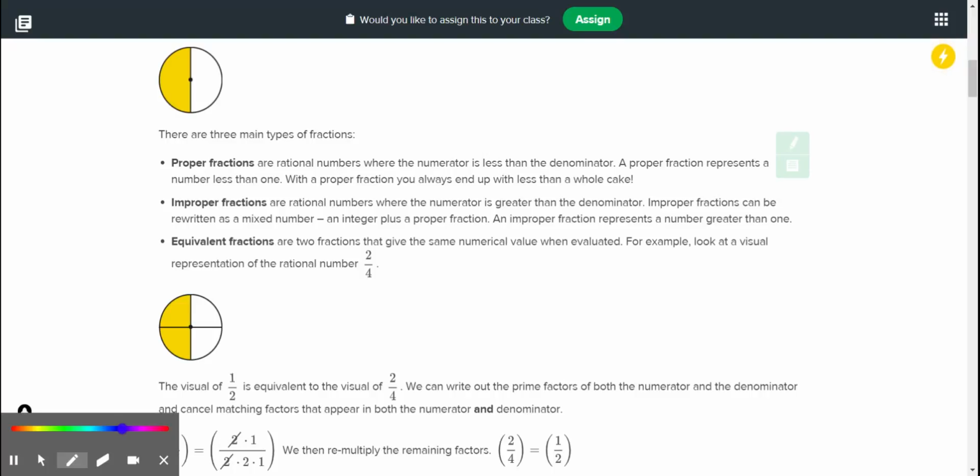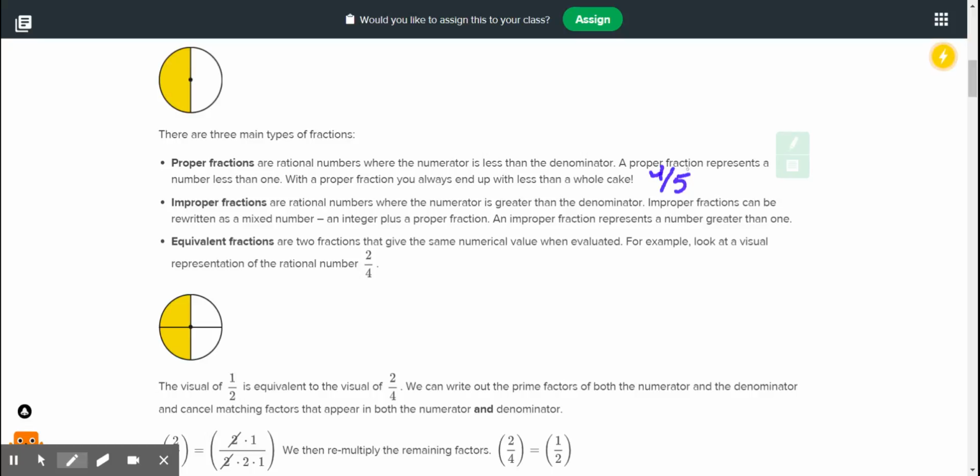An example of a proper fraction is 4/5. If that whole cake was 5 pieces and you took 4 pieces, you would not have a whole cake. You would have less than a whole cake.